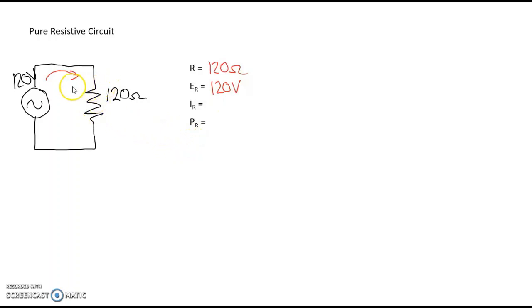Now the current flowing through the resistor, I sub R, we calculate with Ohm's law, which is voltage divided by resistance, equals 120 volts divided by 120 ohms, and that gives us 1 amp of current.